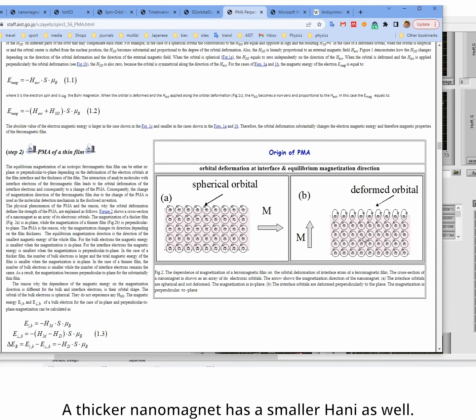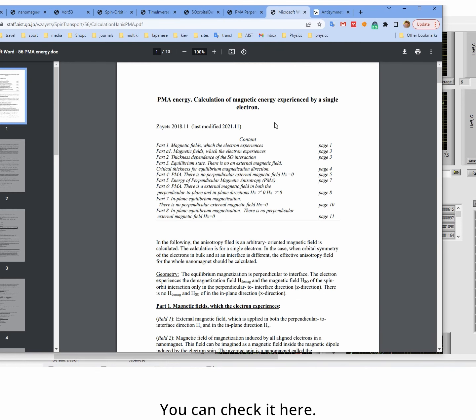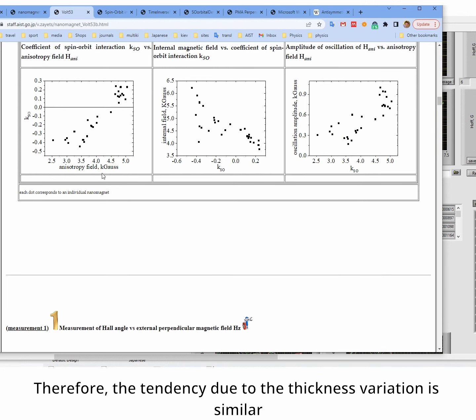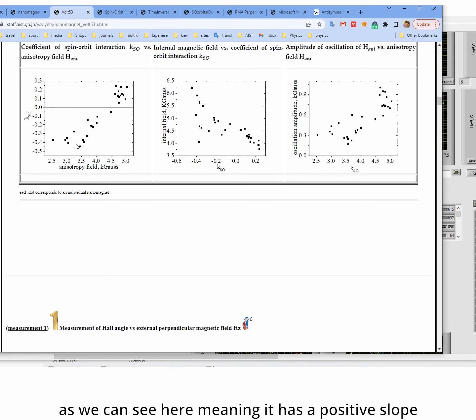A thicker nanomagnet has a smaller anisotropic field as well. You can read more about thickness dependence in this file. I will talk about it in more detail a minute later. Therefore, the tendency due to the thickness variation is similar, as we can see here, meaning it has a positive slope.